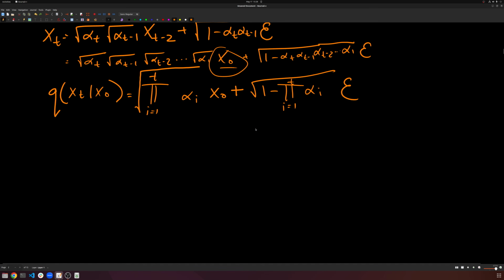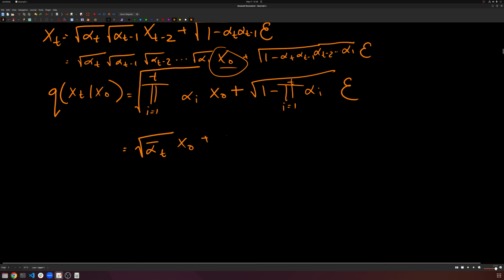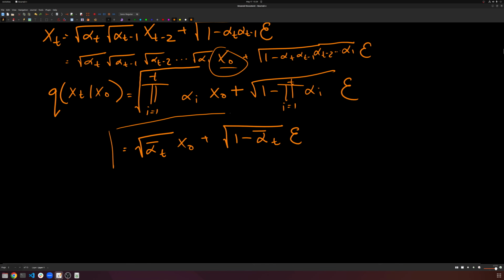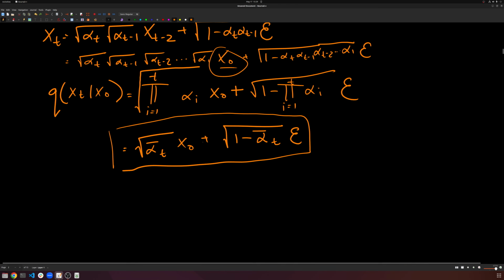So that means we can rewrite this as the square root of alpha hat t times x_0, plus the square root of 1 minus alpha hat t times epsilon. And this is our final form for how we add t steps' worth of noise to our original image x_0. And that's the key idea.